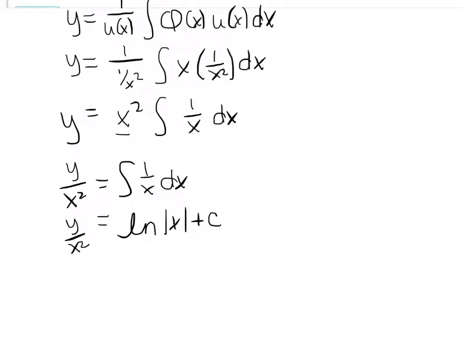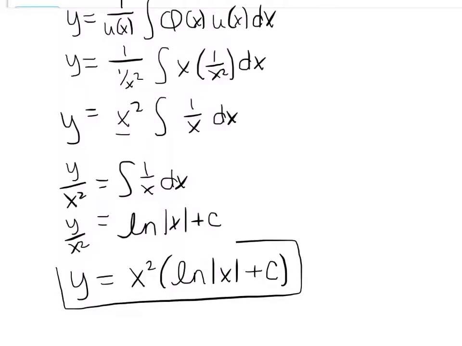Now to isolate my y value, I'm just going to get rid of this x squared here, and because I'm dividing, I'm going to multiply both sides by that, and I end up with y equals x squared times the natural log of the absolute value of x plus c. And this would be my final general solution.